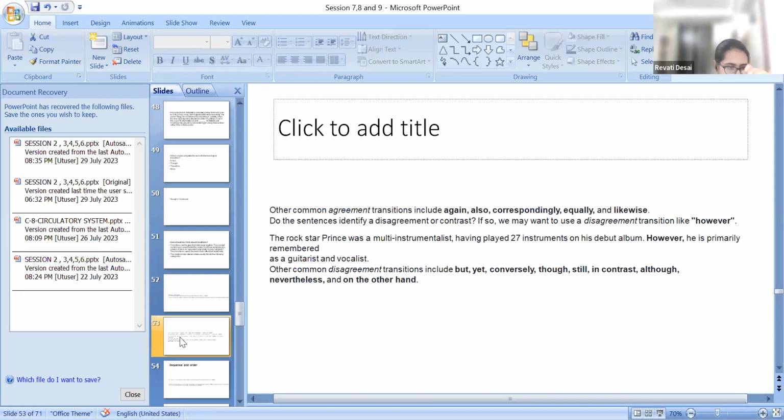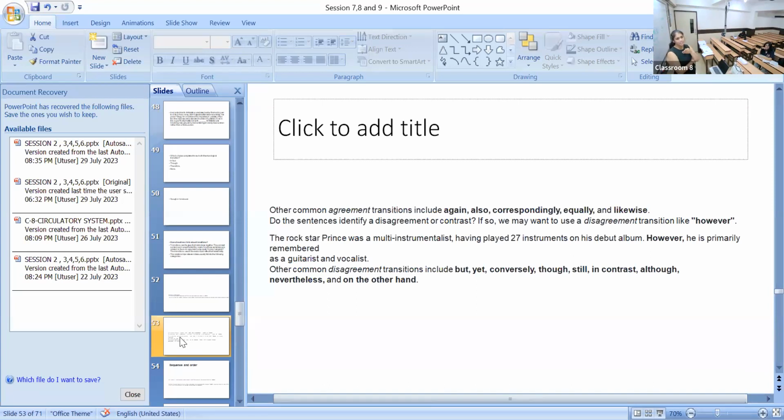Ma'am, I have a doubt. Yes, please. Ma'am, how is nevertheless a disagreement transition? Usually we say a part of the sentence and then we say, nevertheless, this is the case. Okay, I need an example. I'll read a sentence for you.